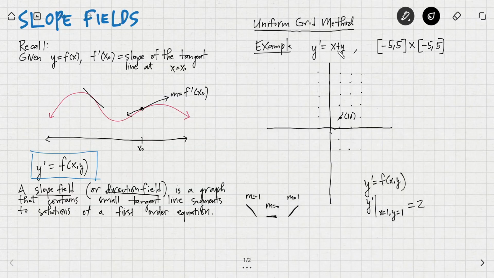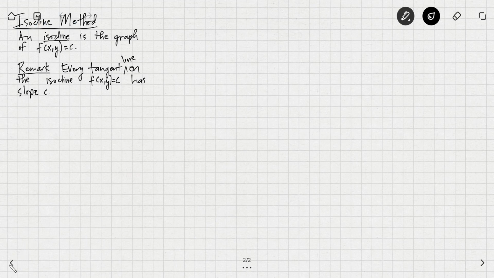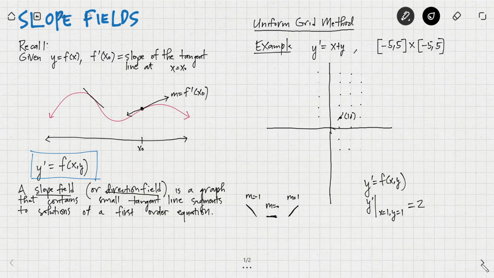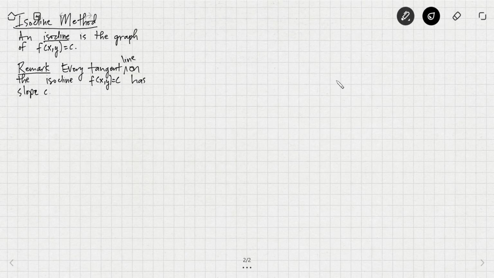Ito, y prime is equal to x plus y. Now, instead of using the uniform grid method, let's use the isocline method to sketch the slope field. So, y prime is equal to x plus y. We are working on the same region, negative 5 to 5 by negative 5 to 5.